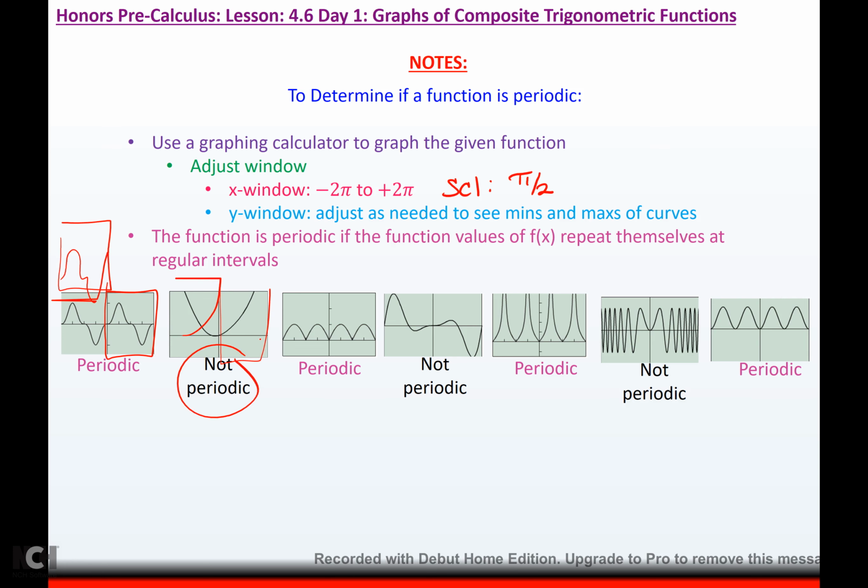It's not periodic. If I take this half and move it over, it's going to be right on top of this half. It's periodic. If I take this half and draw it over here, it's not on top of it, so it is not periodic. This one is periodic because I can draw it on the other side.